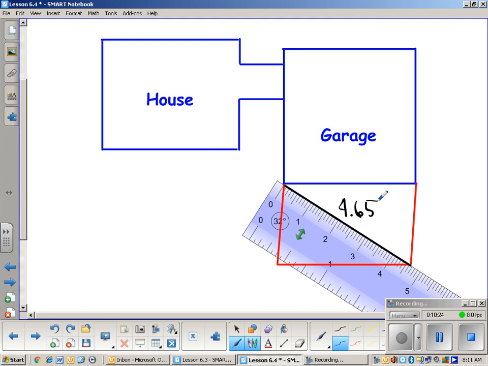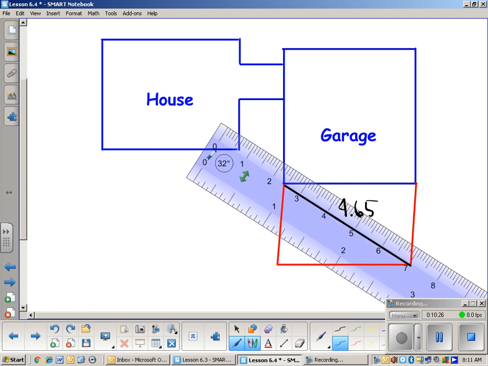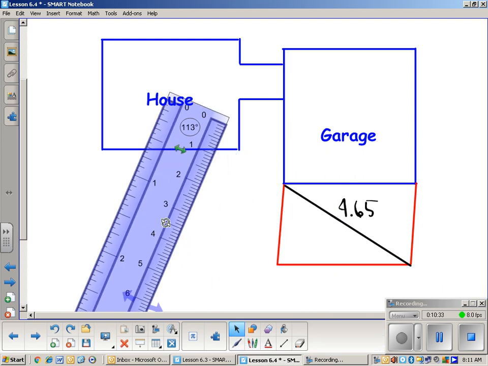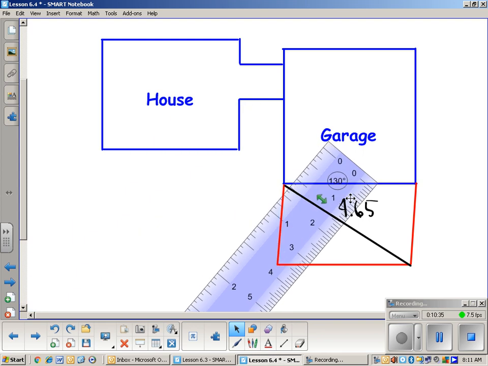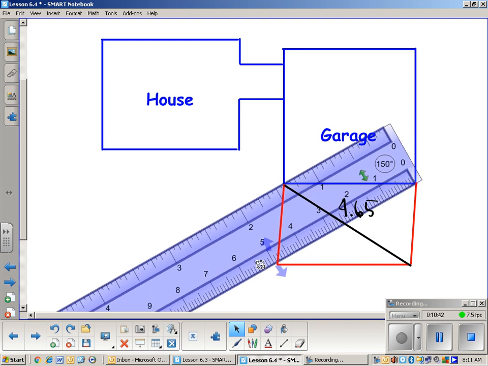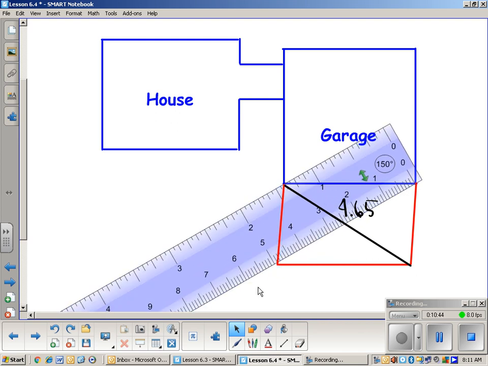Okay? So if I measure the other one, I guess I'm gonna draw my line through that.